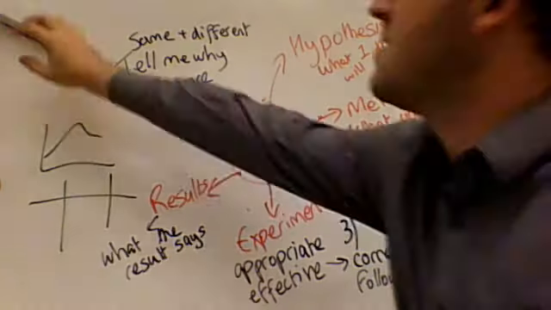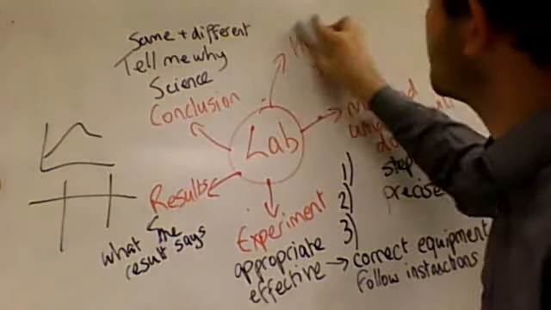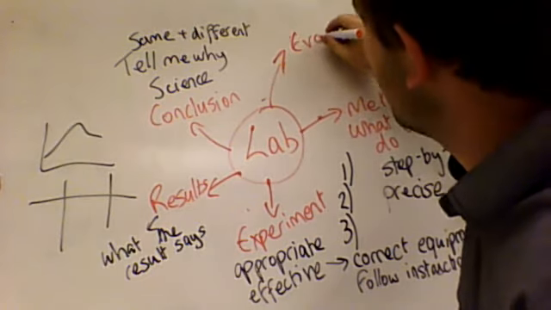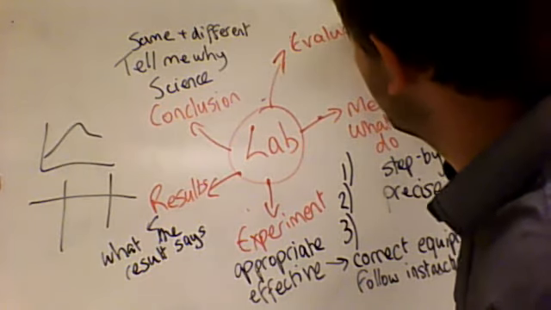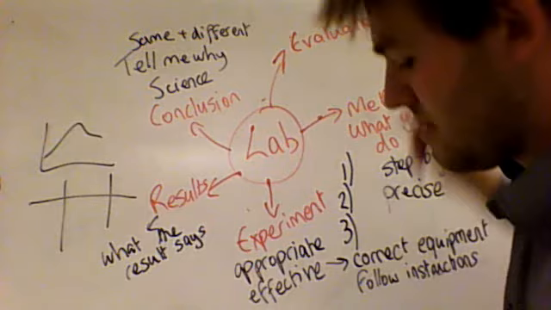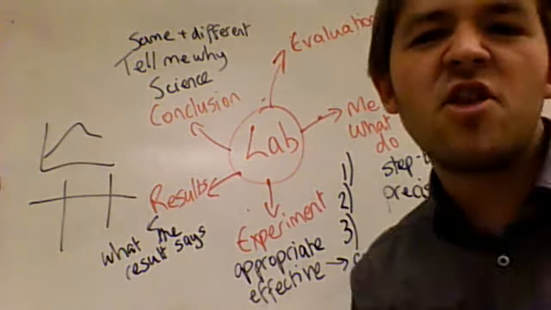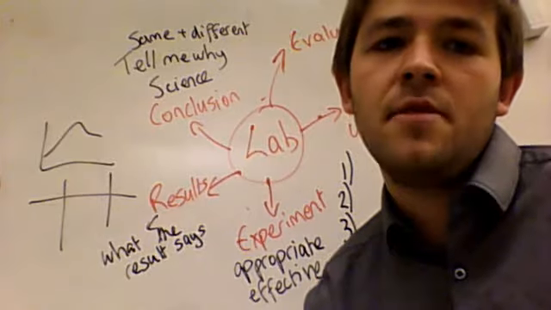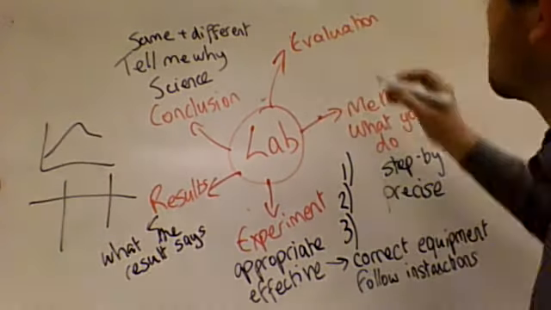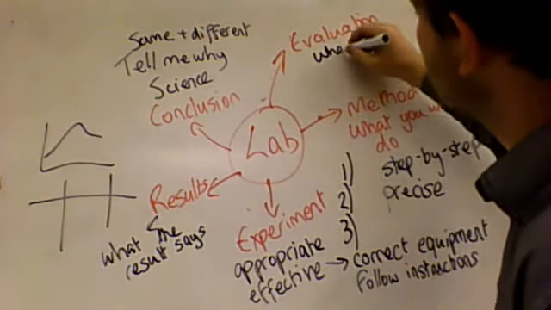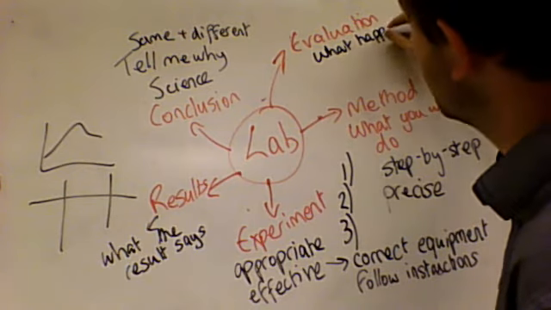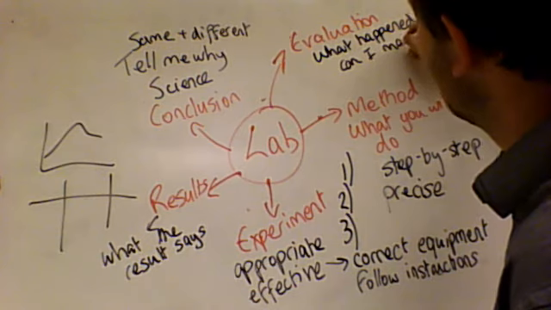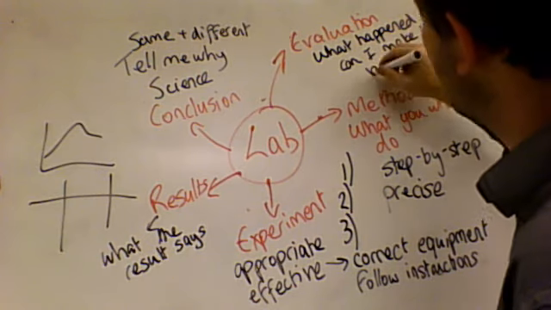There is, finally, one more part to this. I'll get rid of hypothesis and I'll write evaluation. The evaluation is the last thing you do in a lab. It's where you look at what happened and can I make it better?